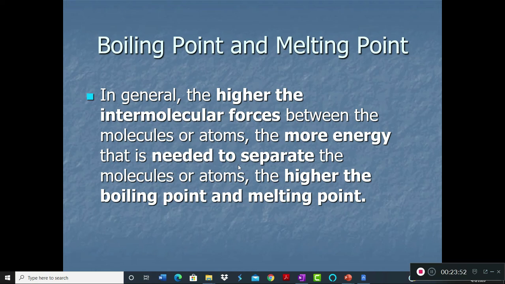So the higher the attraction, the more energy is needed to separate it, which means I have to put more energy into the substance in order to get it to separate, in order to get it to change phases, to go from a solid, which is attracted to one another, to a liquid, or from a liquid to a gas. So in general, again, the higher the intermolecular forces, the higher the melting points and boiling point, because I've had a larger attraction, it takes more energy to separate them out, and the higher the boiling points and melting points.